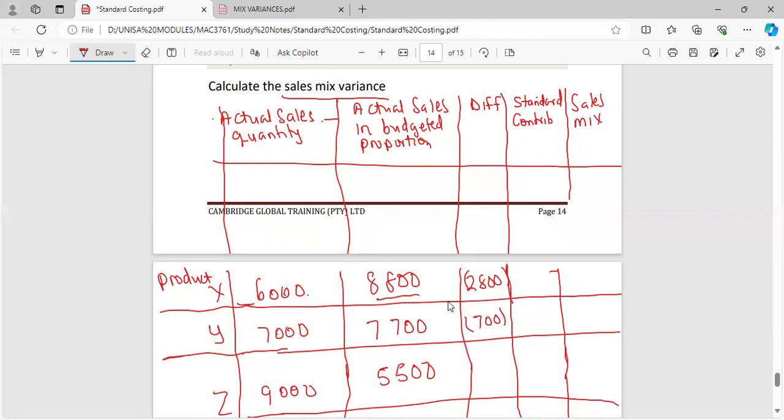And here it's going to be how much the difference? $3,500. So is it favorable? This one is favorable. Yes, it's favorable. Then we now need the standard contribution.